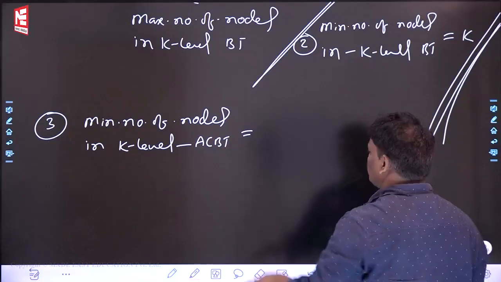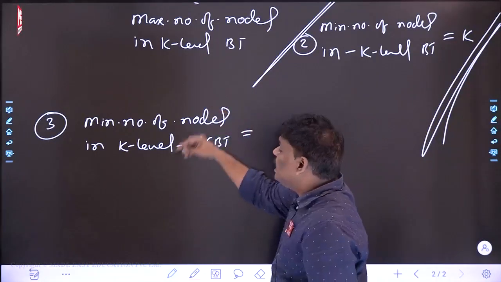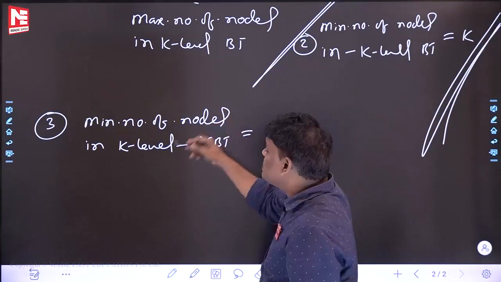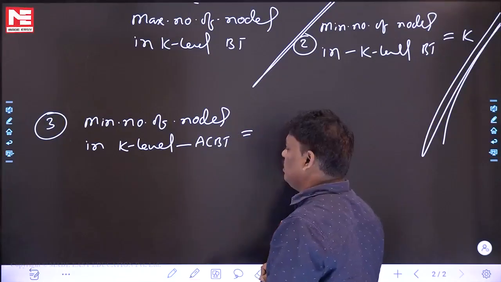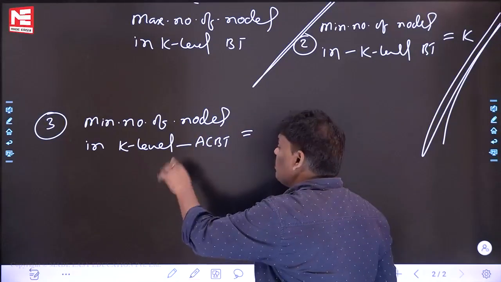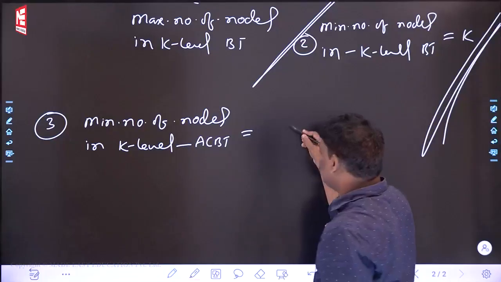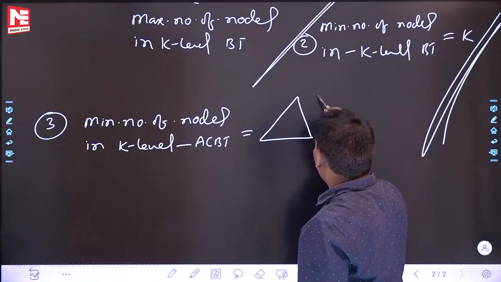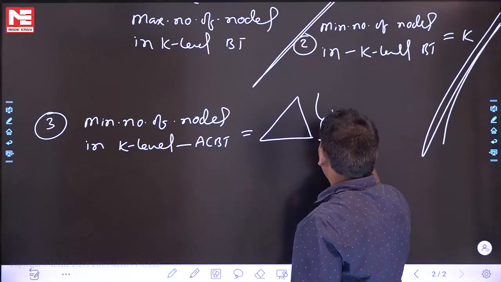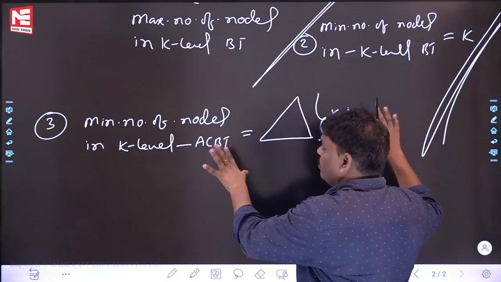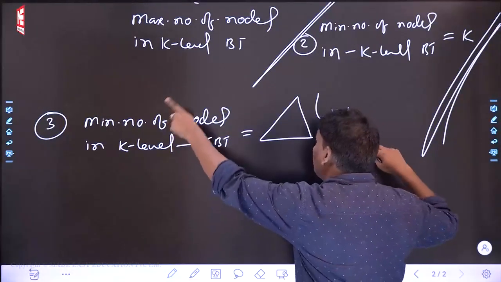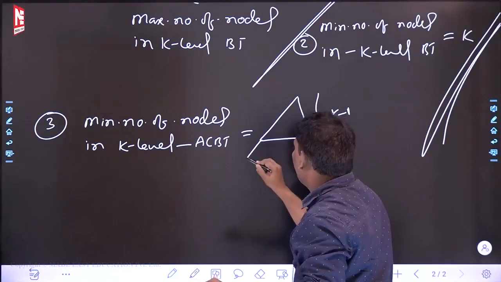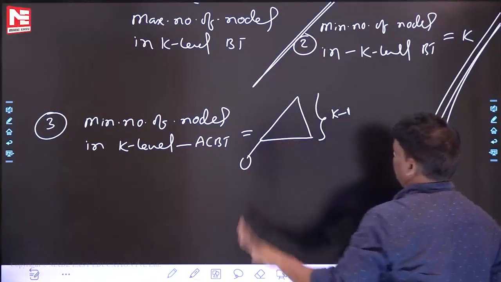So K level is compulsory, minimum number of nodes in K level almost complete binary tree, right? K levels compulsory, but you want minimum. Listen everyone now. Until K minus 1 levels keep fully, but you want K levels, and you want minimum also. In the last level keep one node, in the Kth level one node only.